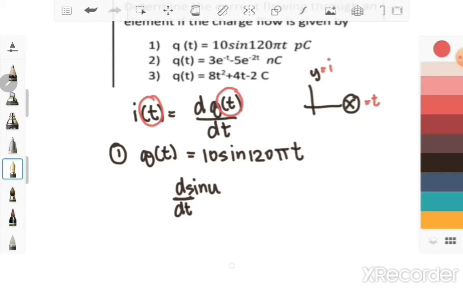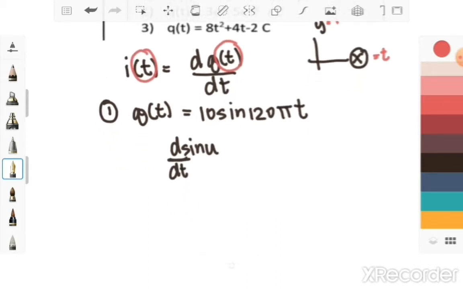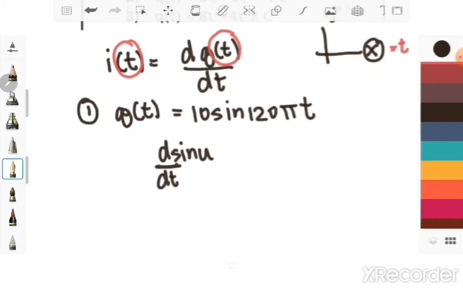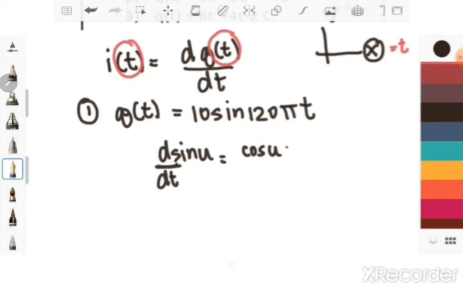So the derivative of sine u over dt. If you get the derivative of your sine, it is equal to cosine u du over dt, right? But what is your u?